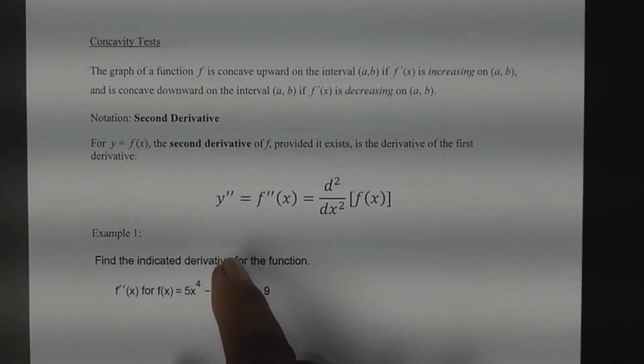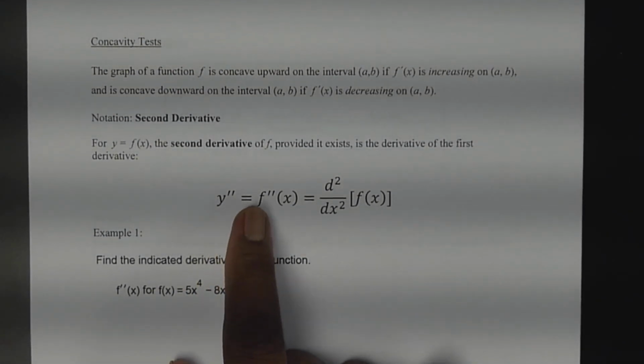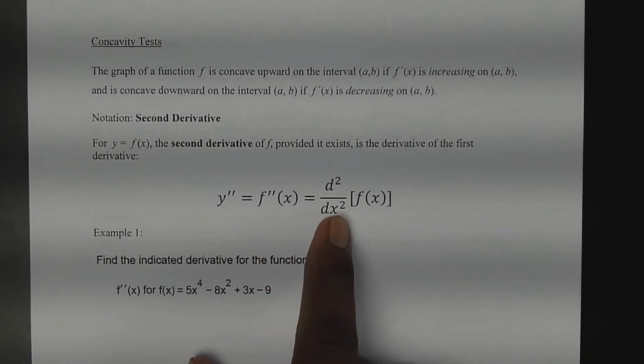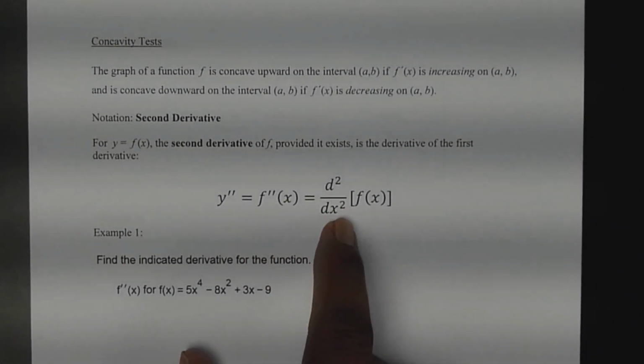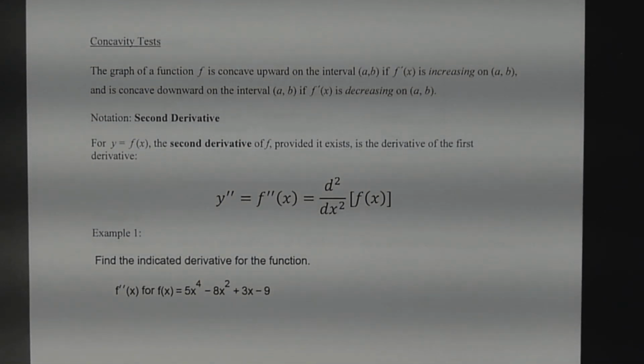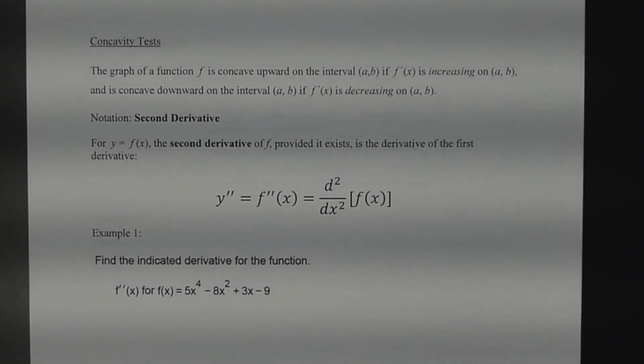The notation would be y double prime equals f double prime of x, which equals the second derivative of the function f of x with respect to x. So in order to find the second derivative, you must find the first derivative, because it's that first derivative that's going to help you identify the second derivative.